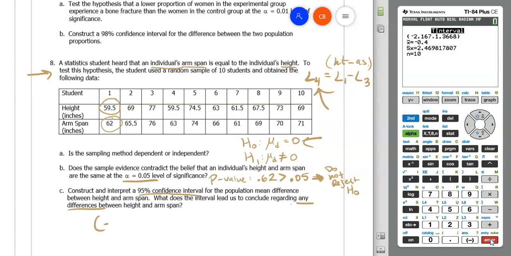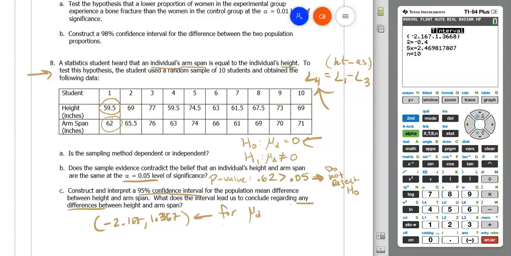And that confidence interval is going from negative 2.176 up to, I'm just going to round them both to 3 decimal places, 1.367. And that's our confidence interval. This is for the mean difference.